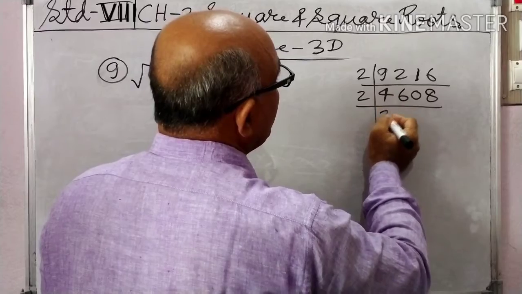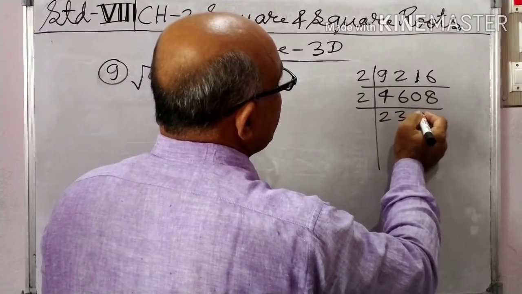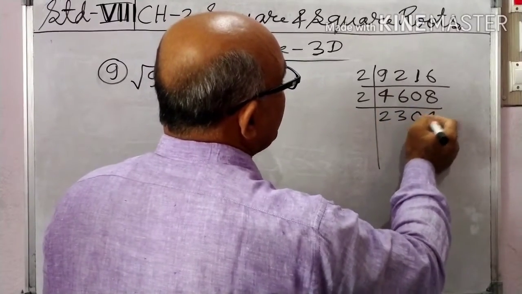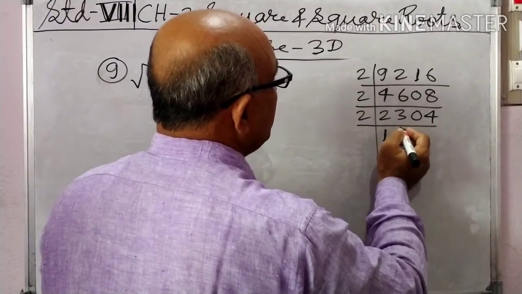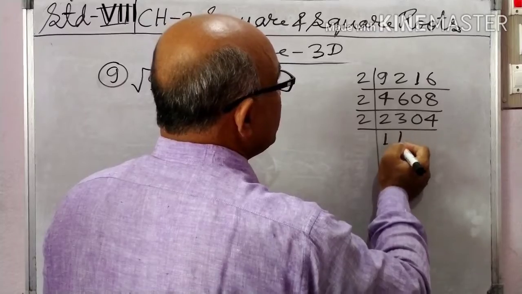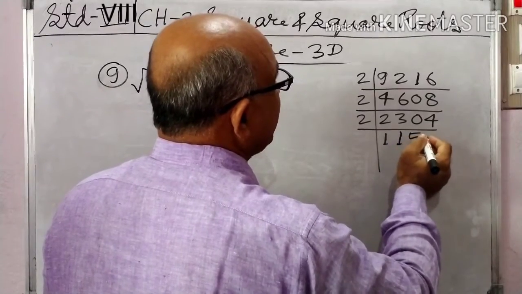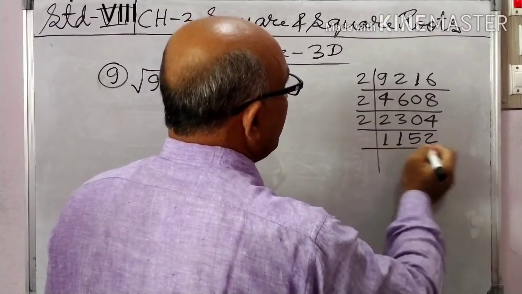Again 2 times 2 2 are 4, 2 3 are 6, 0 and 2 4 are 8.